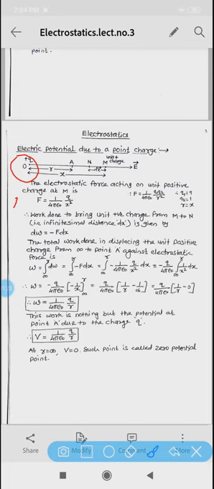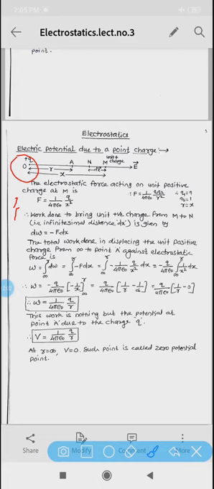Suppose x is the distance of the point M from the point O, and A is the point at a distance r from the charge q. Now the electrostatic force acting on unit positive charge at point M is F is equal to 1 upon 4 pi epsilon 0 q upon x square.